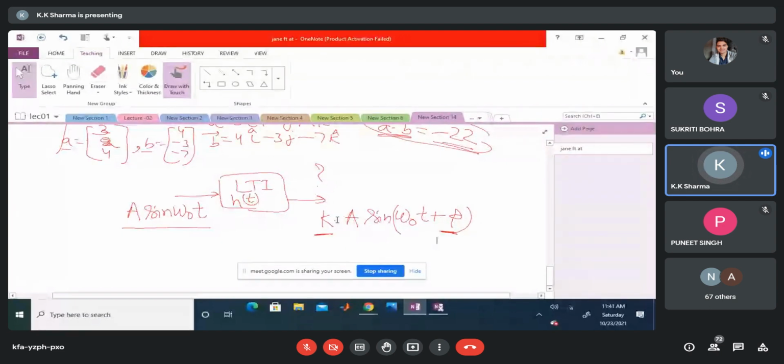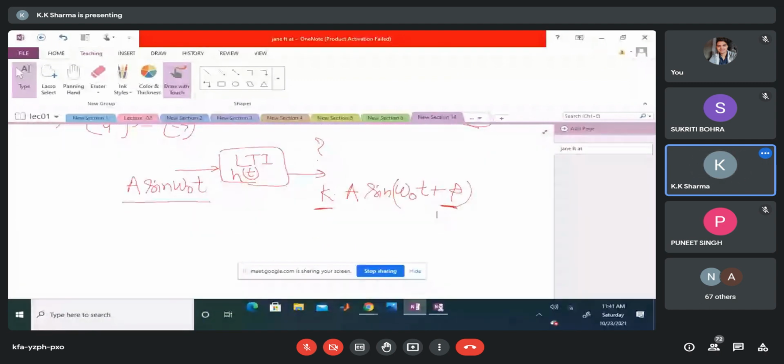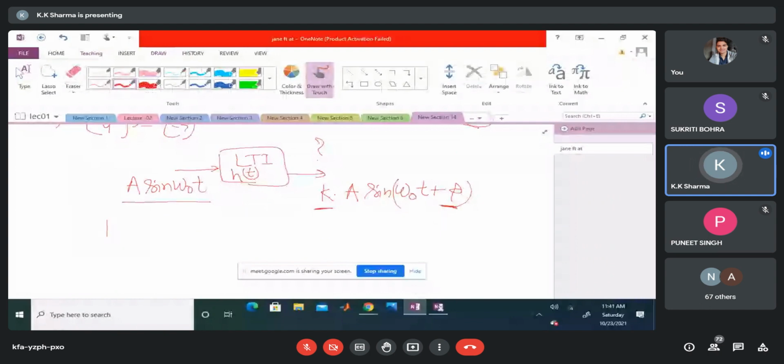Now, can you tell me how to compute the value of this k and phi from this h of t? Anyone? This k is nothing but you compute the Fourier transform of this system and evaluate it at f equal to f0, that is the frequency of the input signal.